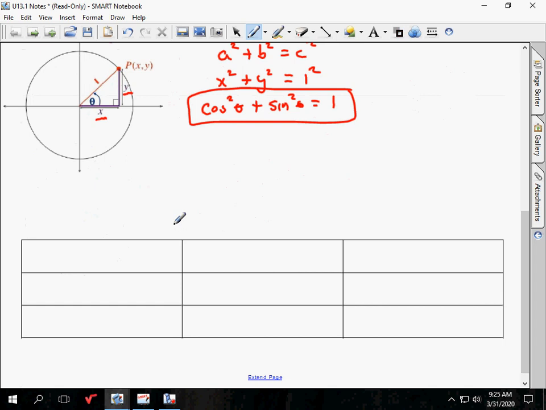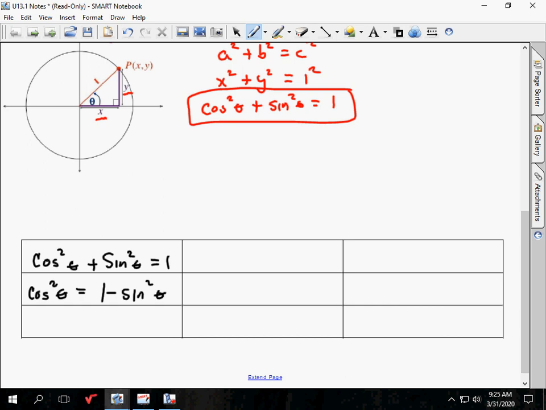I'll put this first one right here in this box. Cosine squared plus sine squared equals 1. I could take that and solve for cosine squared and get another version. So I could subtract sine squared over. I'm going to get 1 minus sine squared, and that's equal to cosine squared.